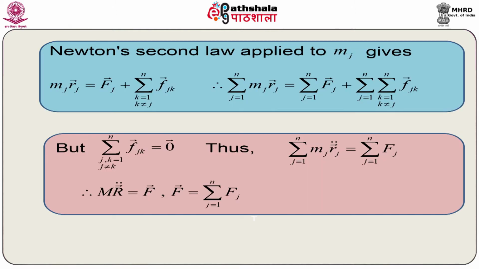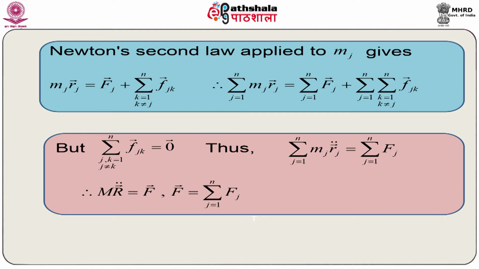If we apply Newton's second law to mass m suffix j, then we get mj into r double dot vector suffix j equal to capital F vector suffix j plus summation over k equal to 1 to n, k not equal to j, small f vector jk. This is the external force and this is the internal force.